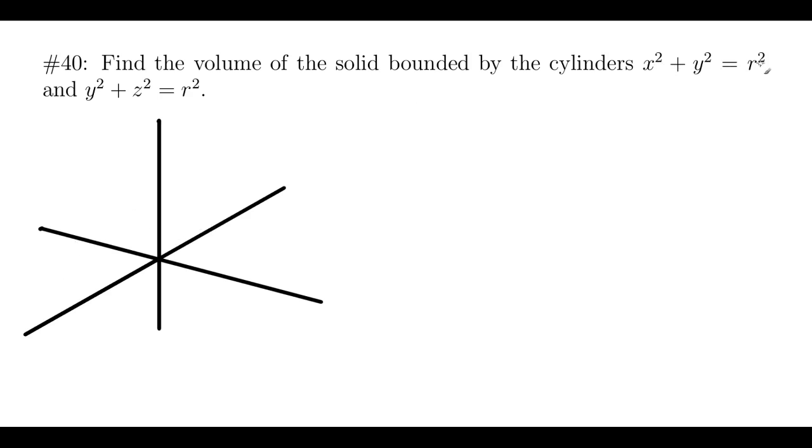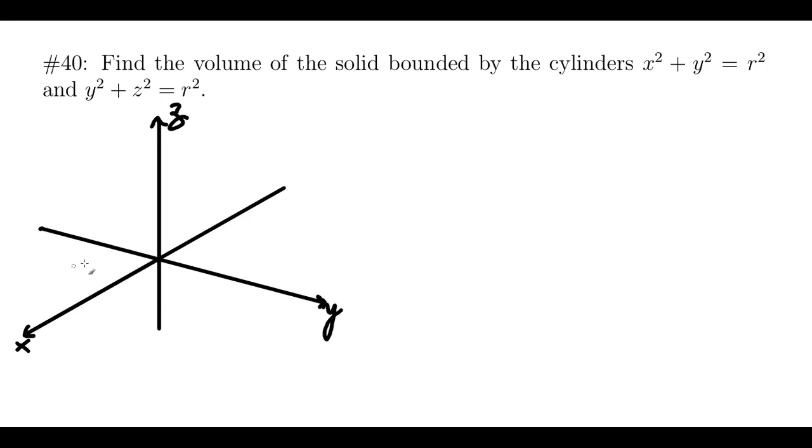X squared plus y squared equals r squared. So r specifies some constant radius. This describes a circle in the xy plane. Let's assume the usual orientation of things.